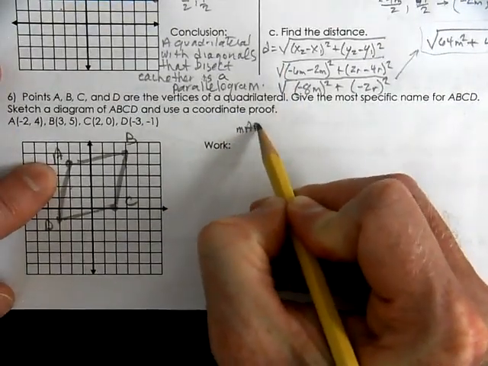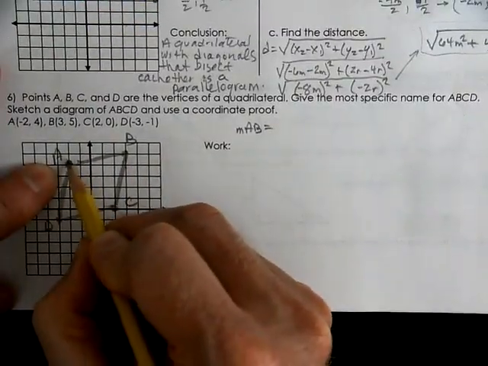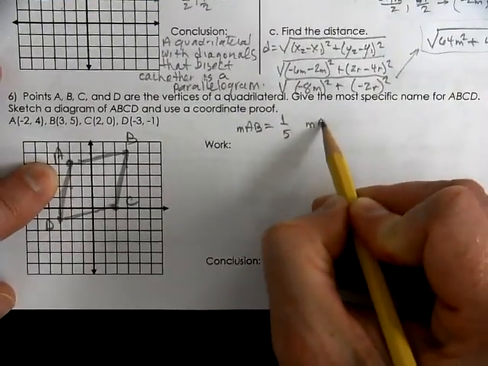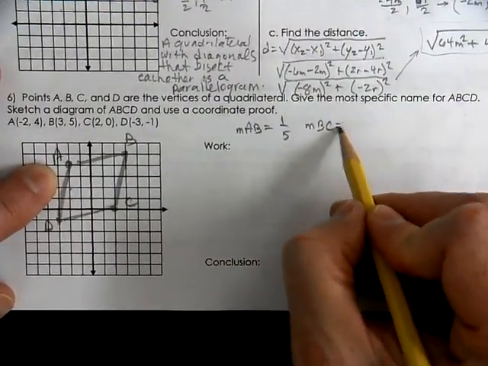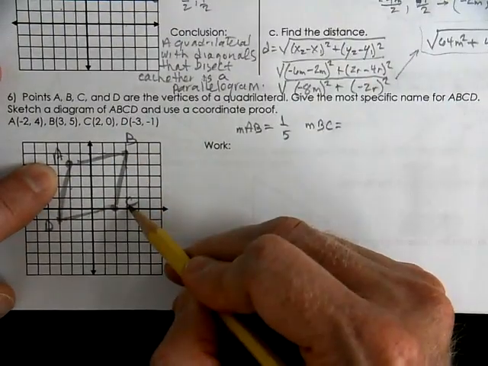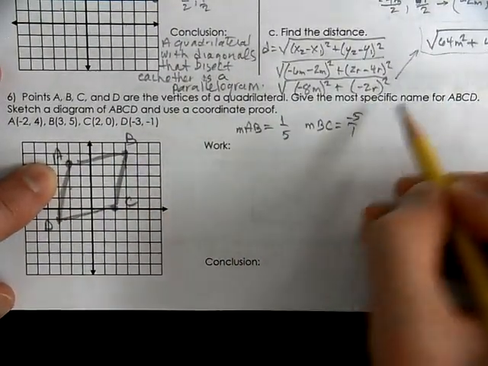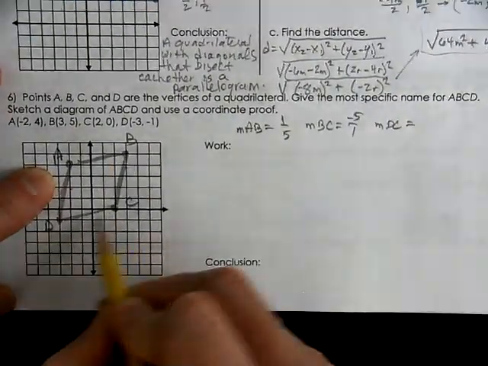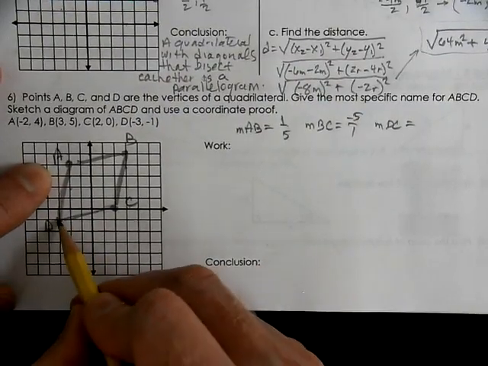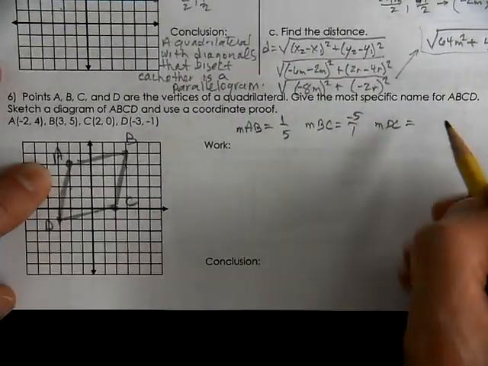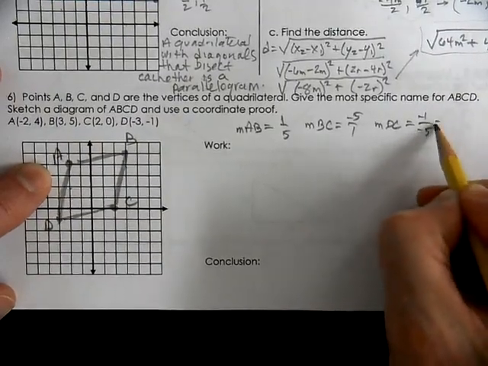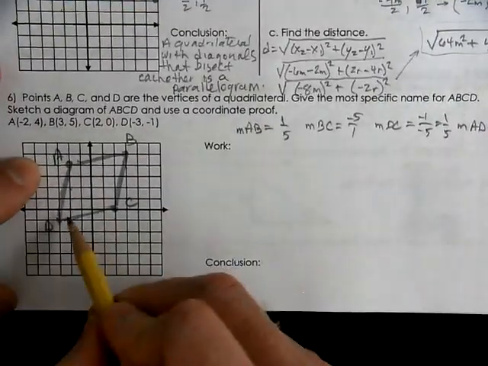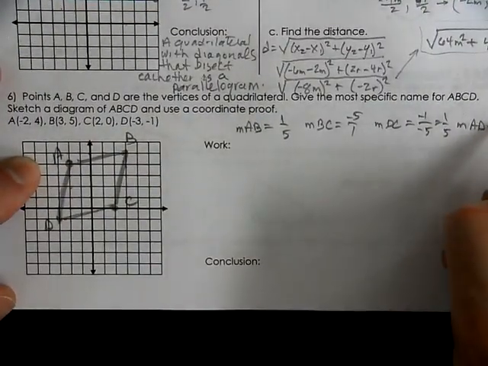The slope of AB is up 1 over 5. The slope of BC is down 5 over 1. The slope of DC is, you could say, down 1, backwards 5, which is the same thing as 1/5. And the slope of AD is up 5 over 1.